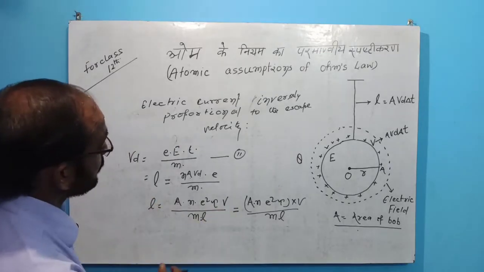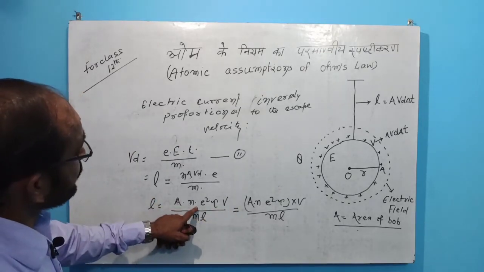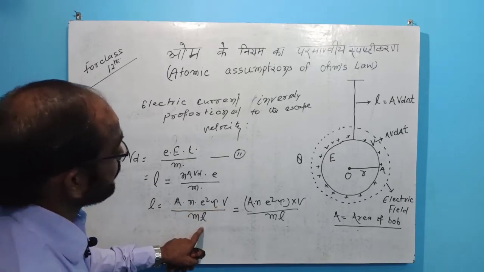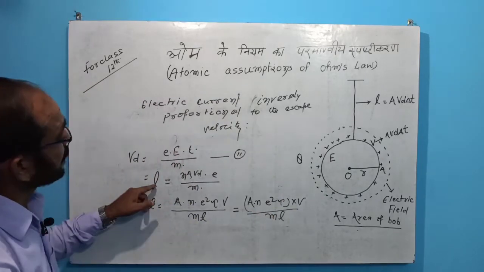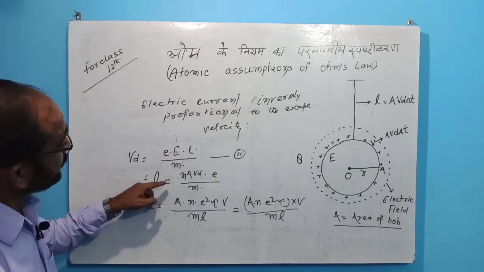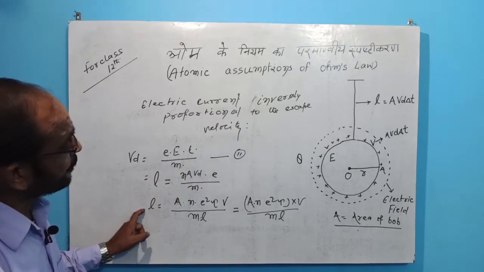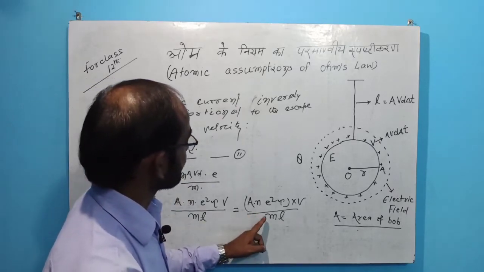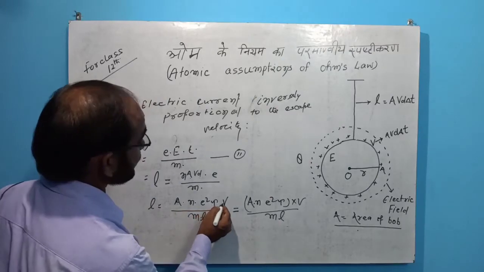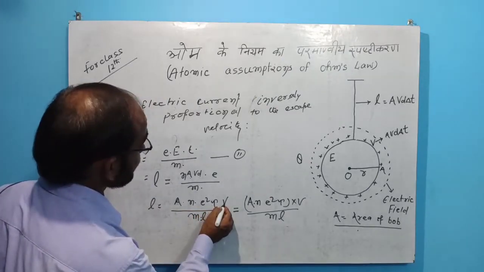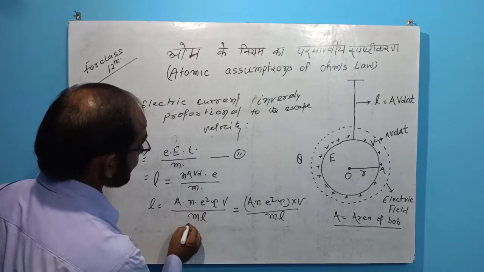If here we study about this structure in this connection, L equal to this value upon m, and this also represents A n E square tau into V, that can be eliminated V, tau n by ml.